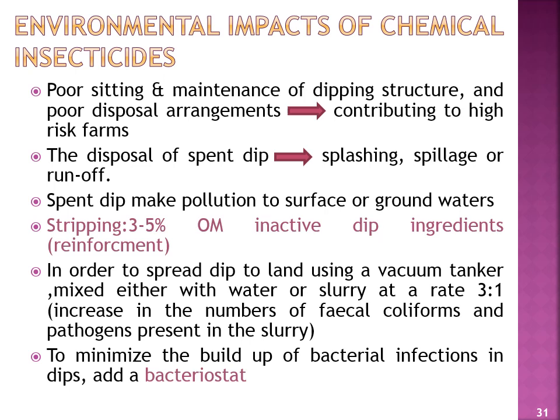Actually, it reaches the environment from dipping, from poor setting and maintenance of the dipping structure, which could cause leakage of the structure and start to reach the environment, either the groundwater, making contamination or pollution to it.